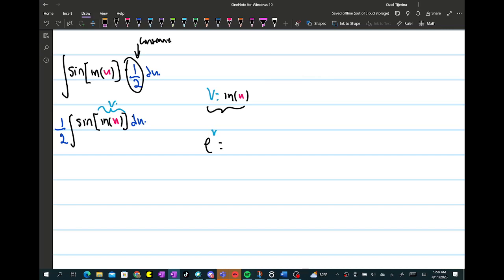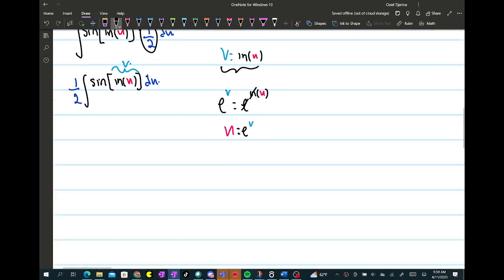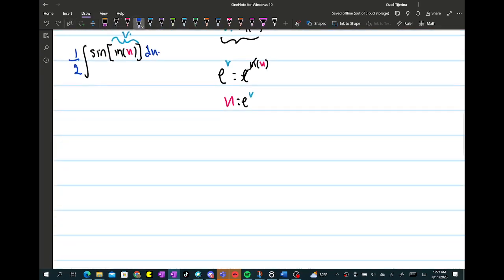So it's going to be e to the v equals e to the natural log of u. These two cancel out, so u will be e to the v. So u will be e to the v, and we know that du itself is going to be e to the v dv, right?